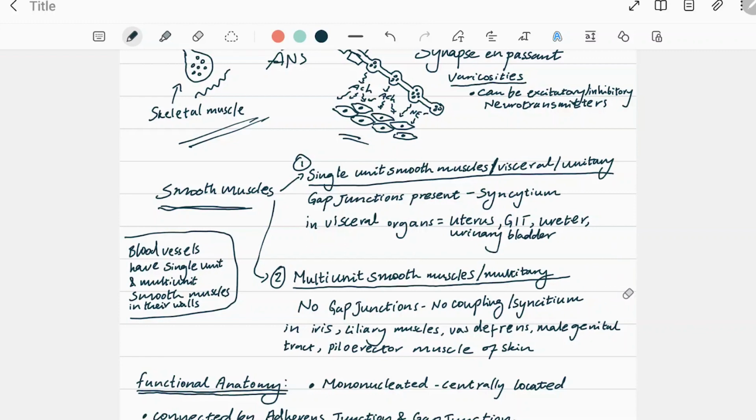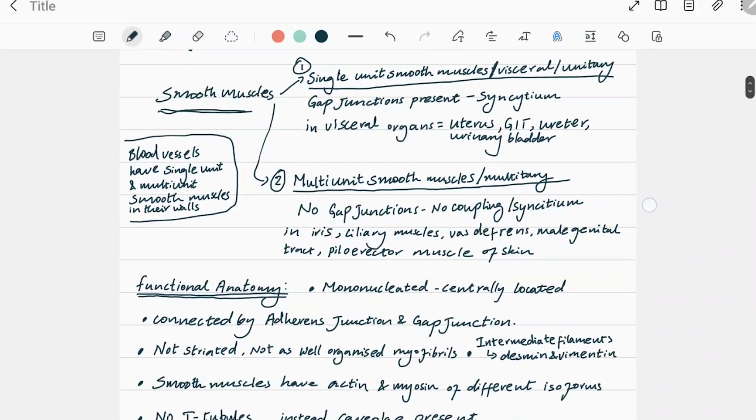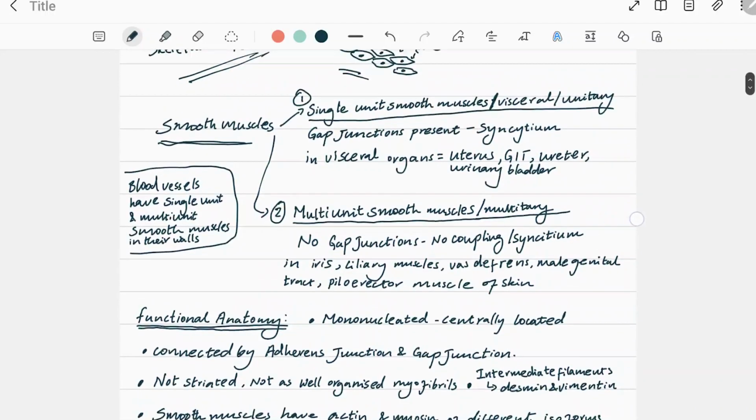But if you look at the single unit smooth muscle, the varicosities of synapse en passant in these autonomic neurons will be quite close, because if you stimulate one at least, the others will get stimulated eventually because of the gap junctions, because they are in syncytium. Your multi-unit smooth muscles don't have gap junctions, so there is no coupling or syncytium.